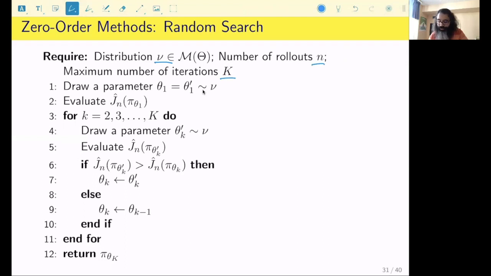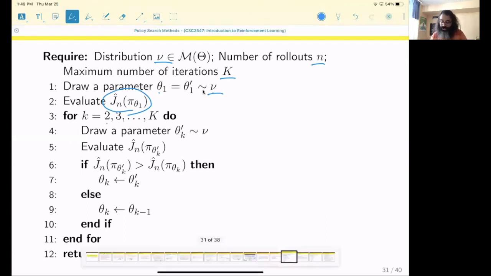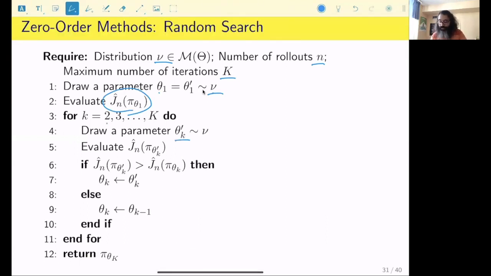So we choose a parameter theta 1, equal to theta prime of 1, from that distribution, and then evaluate it. Then from iteration 2 onwards, we draw a new parameter theta prime of k from that distribution and evaluate it.